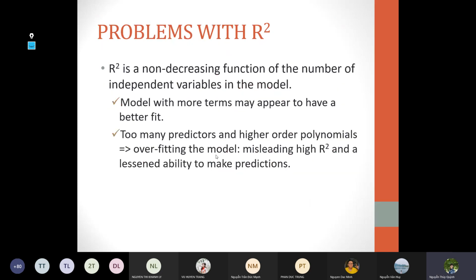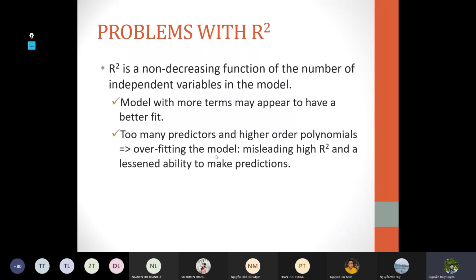But there's one thing, the problem with R square. So do you want R square to be high? I think yes. Okay. So remember one thing. R square tells us about the goodness of fit between the sample regression model and the sample data.